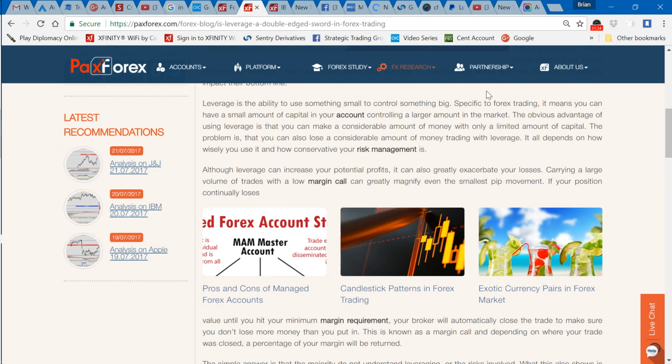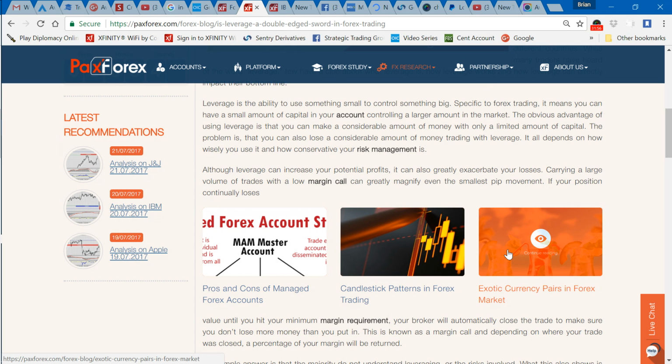Although leverage can increase your potential profits, it can also greatly exacerbate your losses. Carrying a large volume of trades with a low margin call can greatly magnify even the smallest pip movement if your position continually loses.